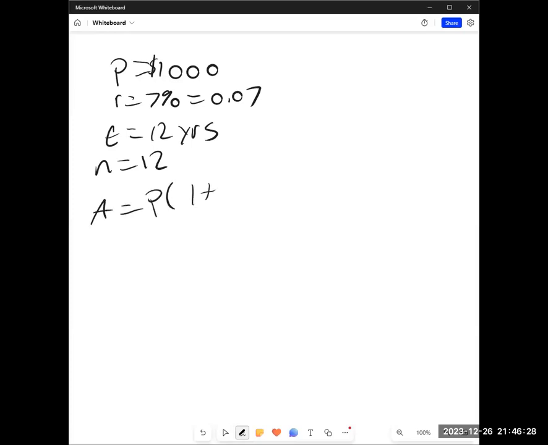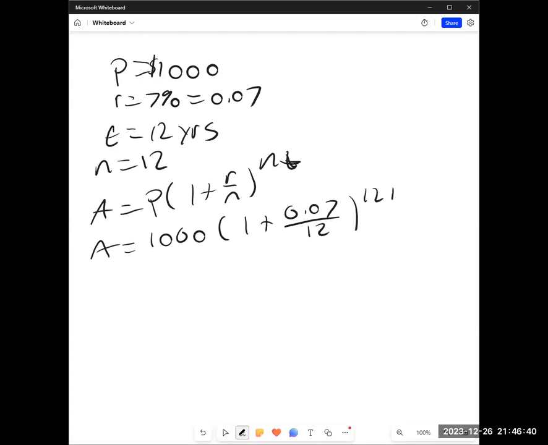P times 1 plus r over n to the nt. So A is going to be $1,000 times 1 plus 0.07 over 12 to the 12 times 12.